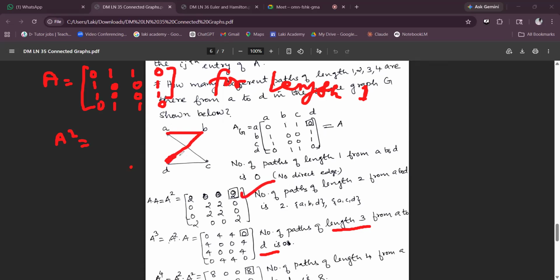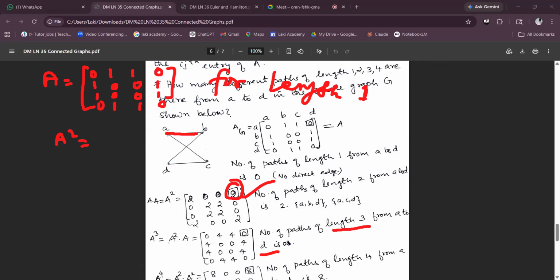There are two paths from A to D. One from A to D, first step, and second from A to C, AC to AD. That's why here 2 is there. But if you try from A to D in three steps, you have to cover three edges.